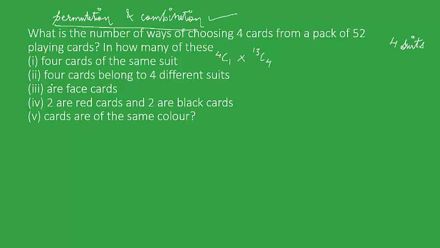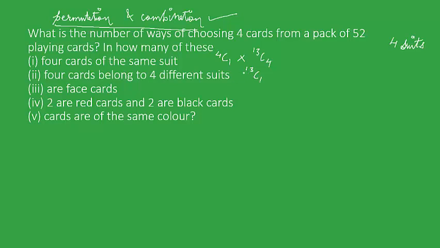Next question is that we have to choose 4 cards that belong to 4 different suits. So we have to choose a single card from each of the different suits. We have to choose from the set of 13 cards a card. Let's say we take the first suit, heart.